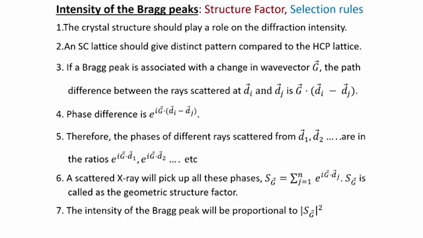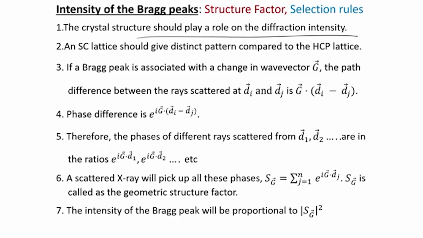Say for example, for FCC, are we going to see all peaks as we have seen for simple cubic? If that is true, then there is no way of determining which one is simple cubic and which one is FCC. So, there has to be certain other condition that should come in, and here, as we have said earlier, the diffraction intensity also plays a role, basically the y axis or the height of a peak and so on.